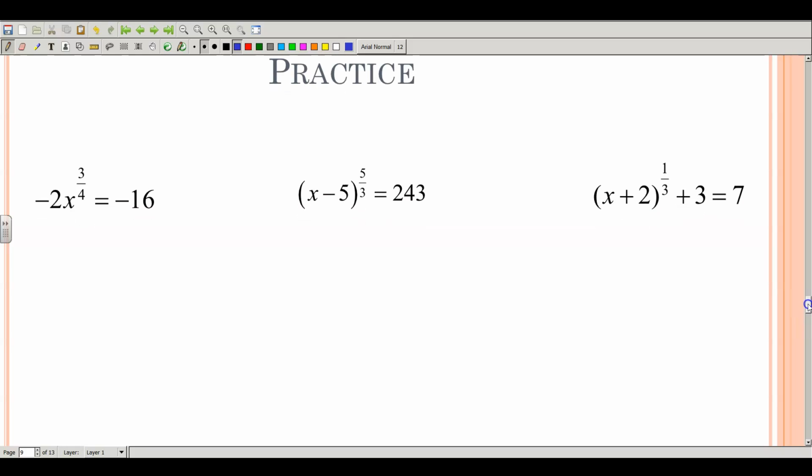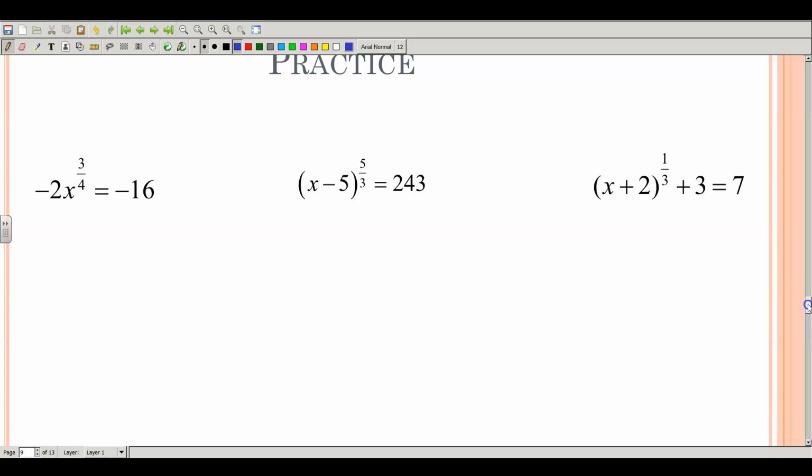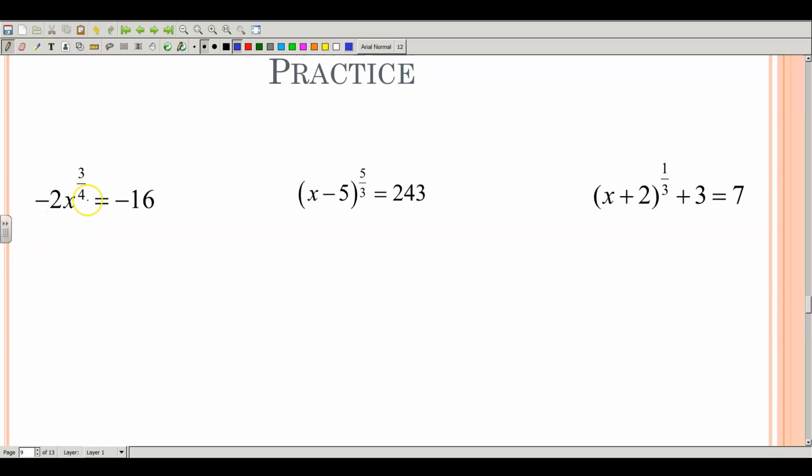All right, a handful of questions here to practice. Go ahead and pause the video and we'll work through them. Okay, 3 questions. This first one, divide by -2, and this actually looks like the practice problem that you did in that last video. So I'm just realizing that, a repeat here. We would get x^(3/4) = 8, and then you would raise everything to the 4/3.